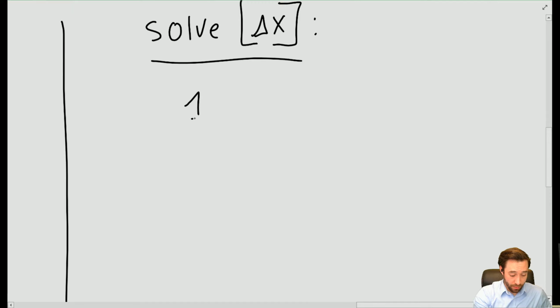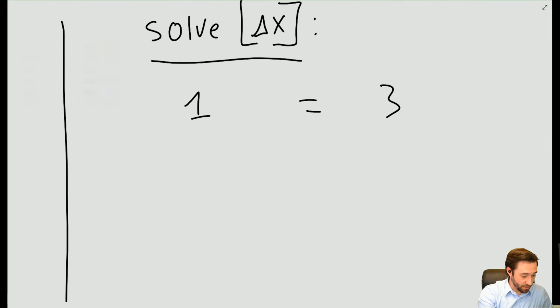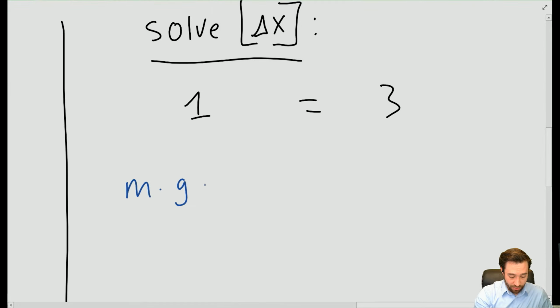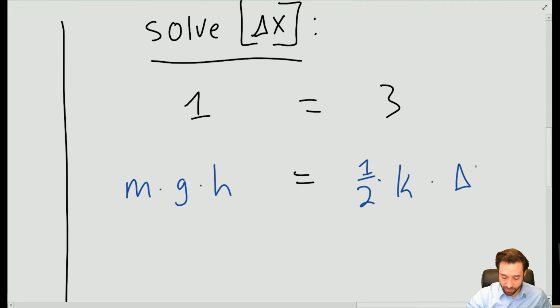The energy that's at state 1 is going to be the mass, and I'm going to stay consistent, mass times acceleration due to gravity times the height. That's equal to 1/2 times the spring constant times delta x squared.